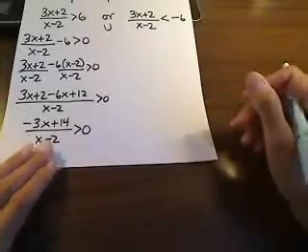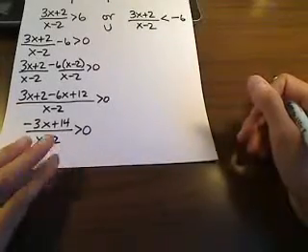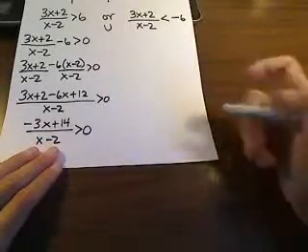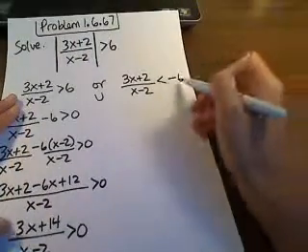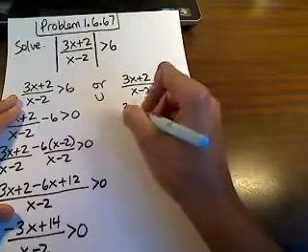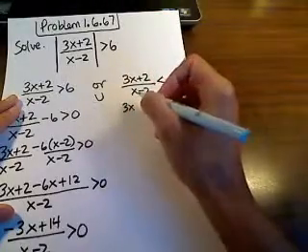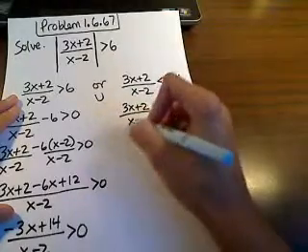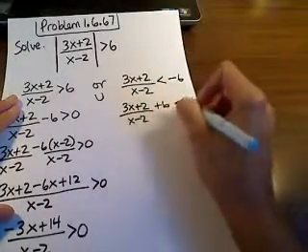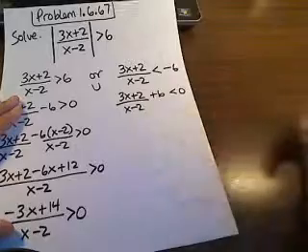Okay, so we're going to do a number line test point method to solve this from here, but let's go ahead and get this one down to the same position. All right, so I'm going to add 6. So we have (3x + 2)/(x - 2) + 6 less than 0.